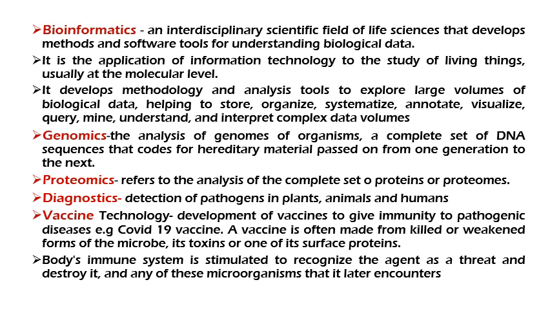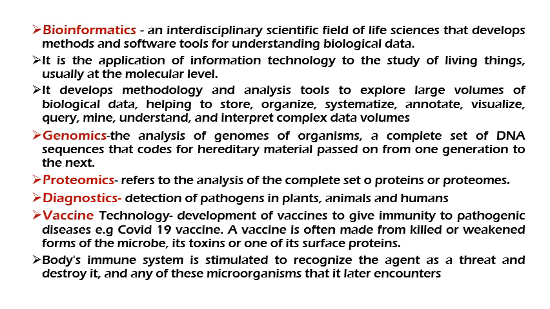Then lastly, vaccine technology. Like I did say, this vaccine is made from killed or weakened forms of microbes. But now with the COVID-19, we are now looking at using modern biotechnology methods to produce vaccines. For example, viruses are made up of protein coat.